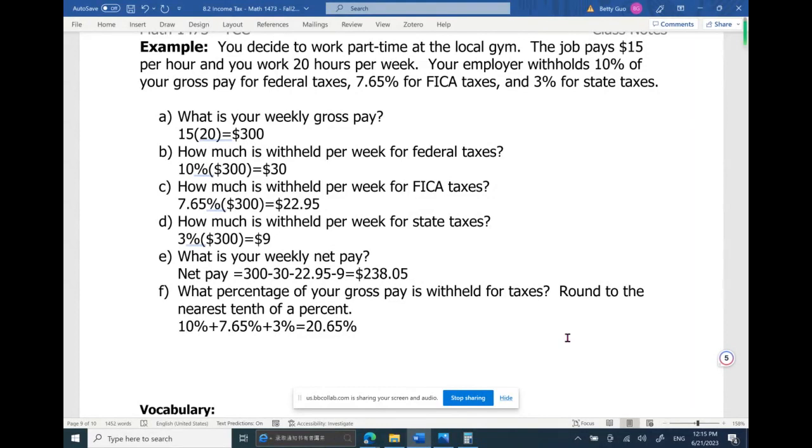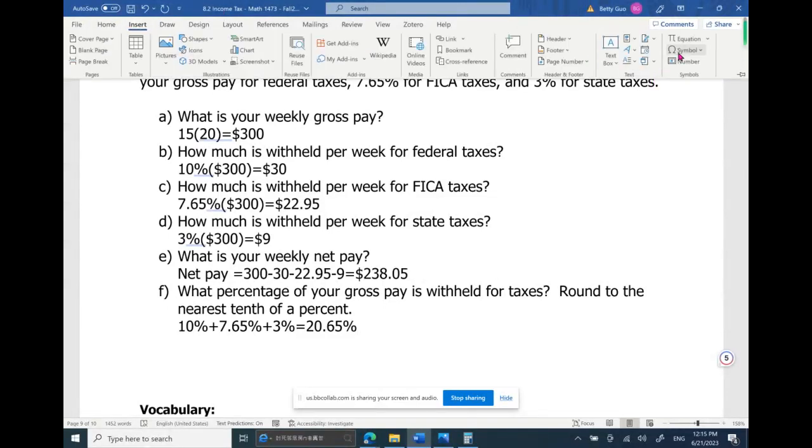Round to the nearest tenth of a percent. Then we're going to have to round it. 20.7%.